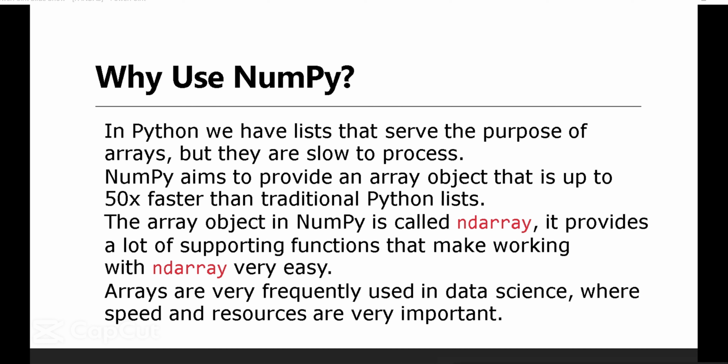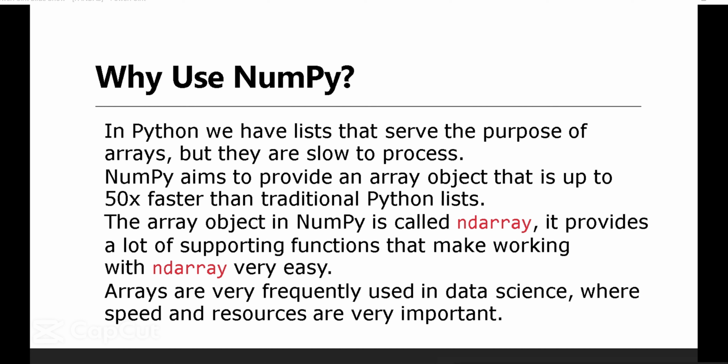Why do we use NumPy? In Python, we have lists that serve the purpose of arrays, but they are slow to process. NumPy aims to provide an array object that is up to 50 times faster than traditional Python lists. The array object in NumPy is called ndarray.